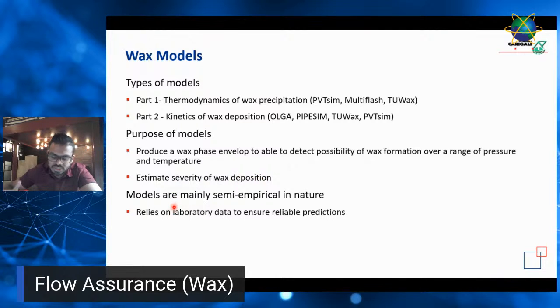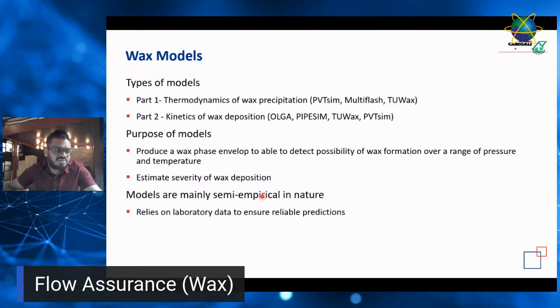The models are actually semi-empirical. They highly rely on laboratory data to ensure reliable prediction. So I would say wax prediction or wax modeling is not science per se, it's actually pseudoscience. It's really an art in terms of trying to match the laboratory data. Quite tedious, but yeah.